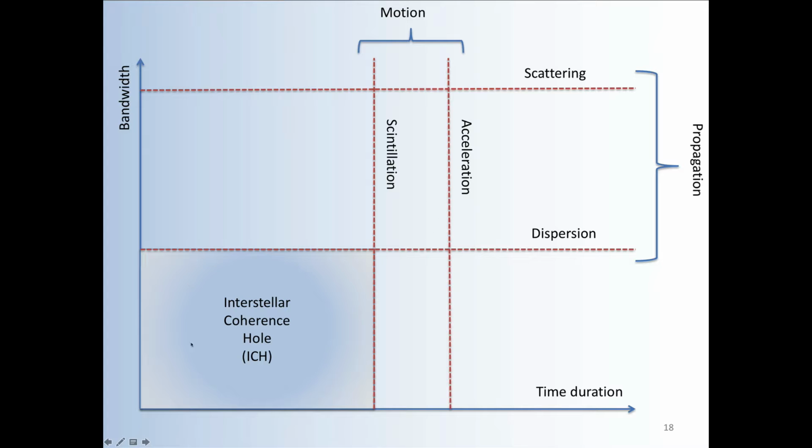Together these create what I call an interstellar coherence hole, or ICH, which means that if the bandwidth of the signal is less than a certain amount and the time duration of the signal is less than a certain amount, then basically the interstellar medium is transparent to that signal, except, of course, for attenuation due to propagation losses. Now we can make use of this to create a communication signal by composing the signal of waveforms which satisfy the bandwidth and time constraint.